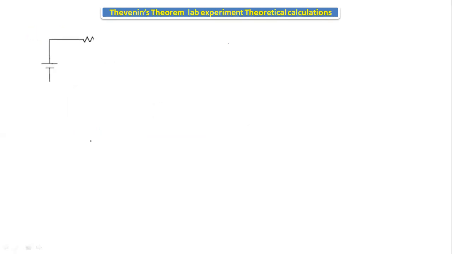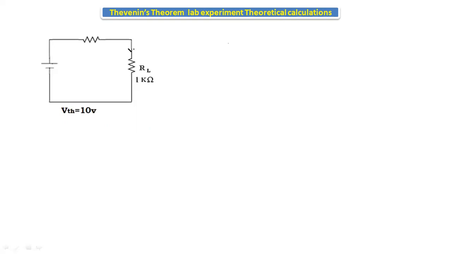Now let's calculate the remaining values of the IL dash. Here the current passing through this branch is IL dash. Here VTH is equal to 10 volts, and the RTH we know already, that is 3.3 kilo ohm. To find out IL dash, the formula is VTH divided by RTH plus RL.